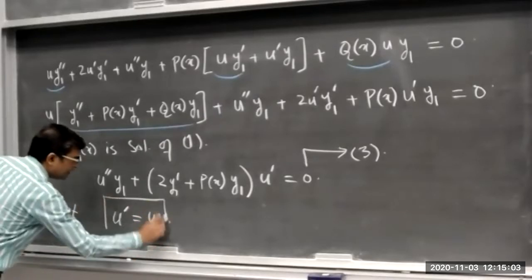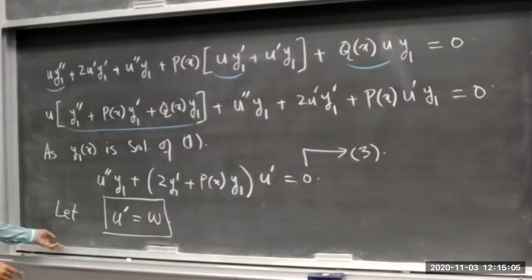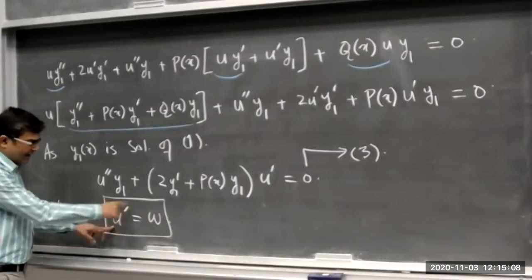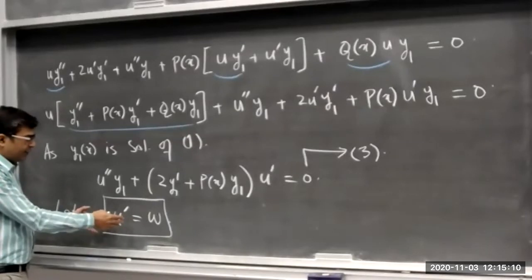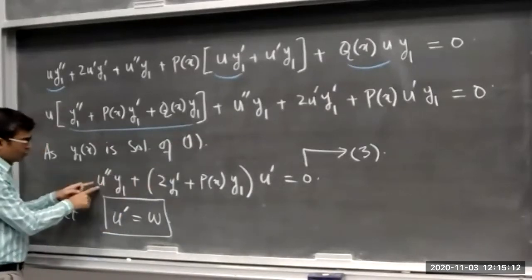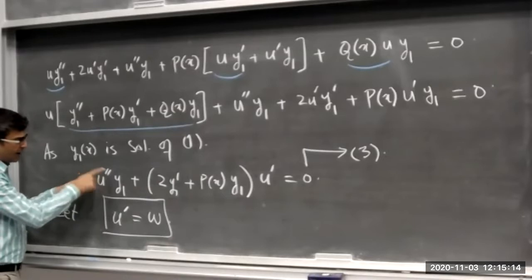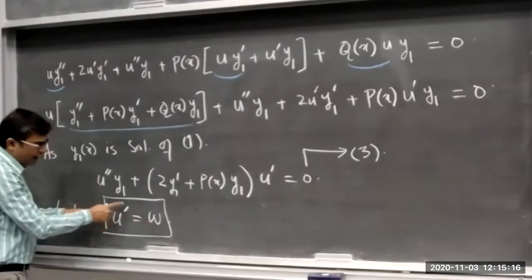We assume that u dash is equal to w. If we use this assumption here, then u double dash will become w dash, because u dash is w.